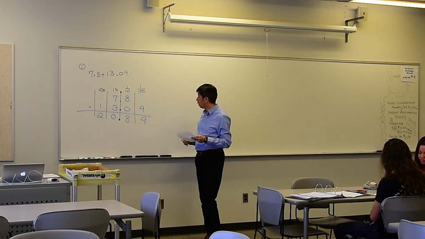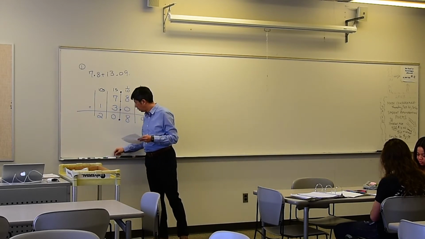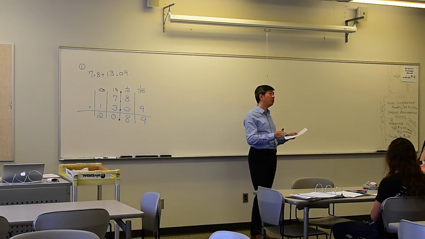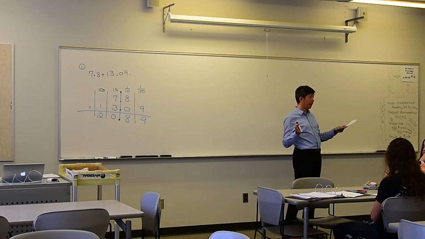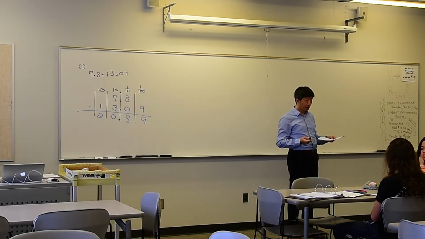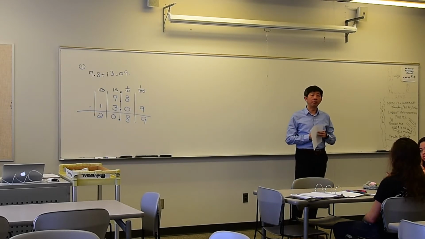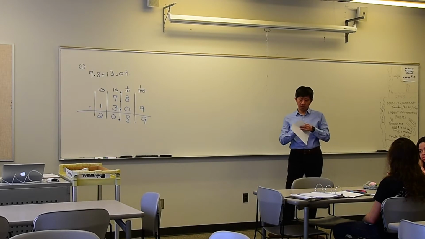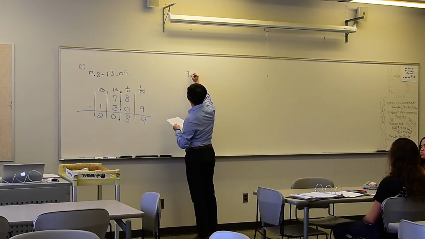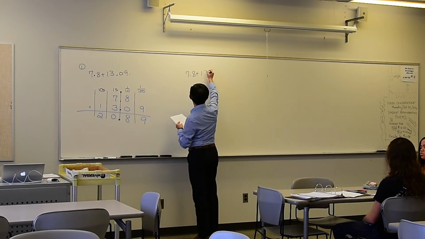Okay. Now what about the quick learner? Remember that we talked about the decompose and compose method, right? And quick learners can do the mental process, right? So 7.8, if I'd like to decompose 7.8, what should I do?